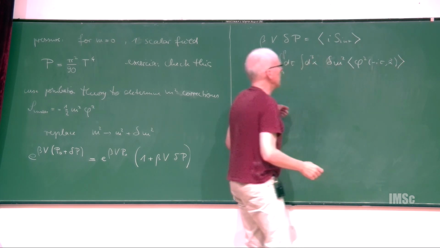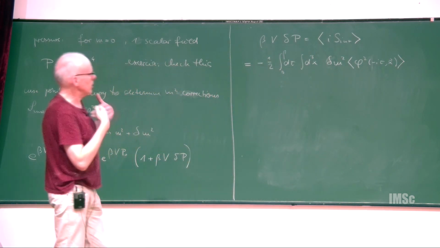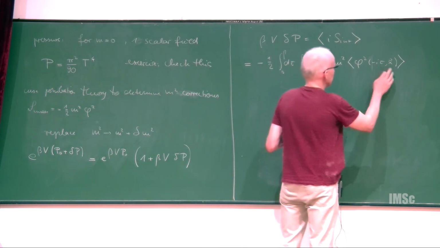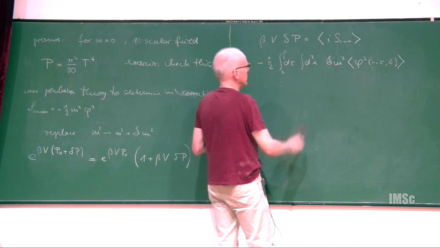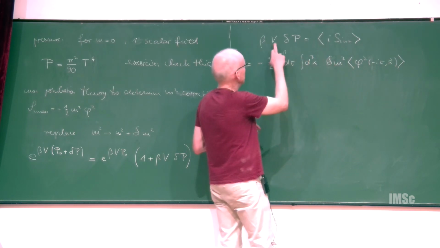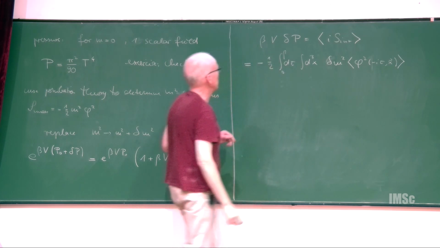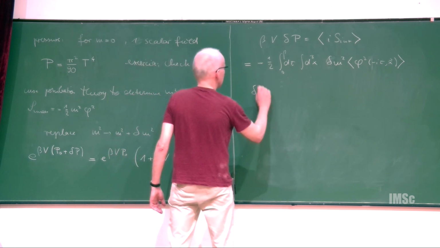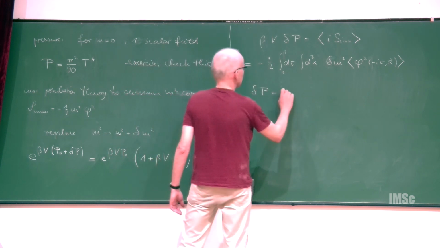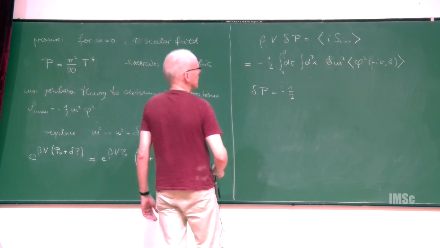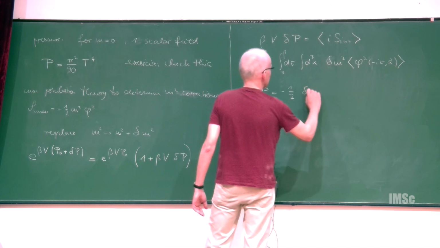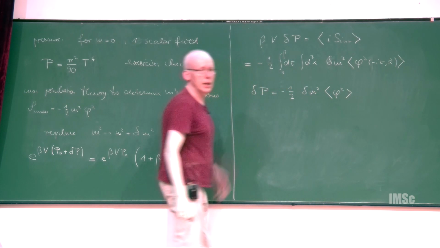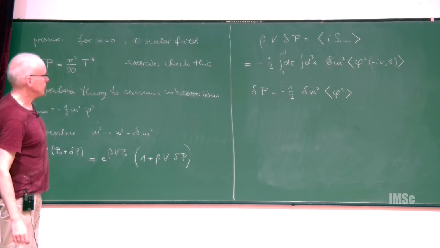But we assume translational invariance in space and time, so this thing is independent of tau and x, and so this integral just gives the volume, and this integral gives the beta. So what we find is that delta P is equal to minus 1/2 times delta m squared times the expectation value of phi squared evaluated at any point in space-time.